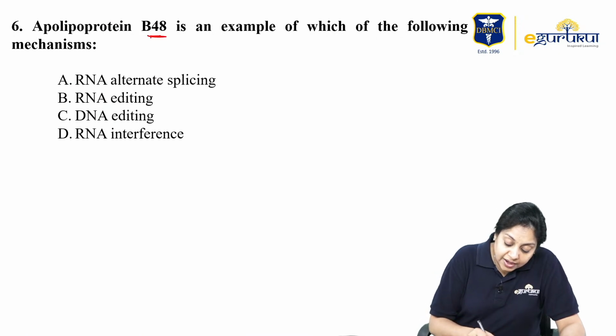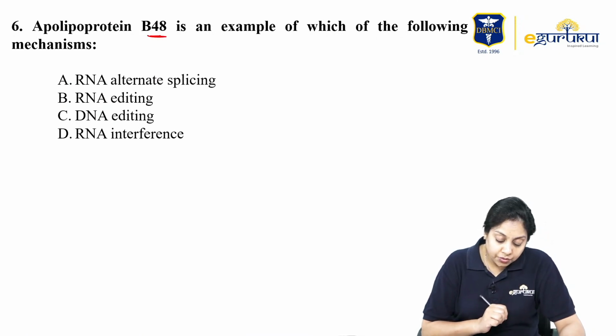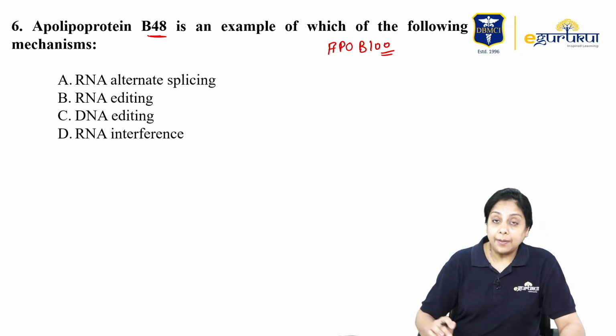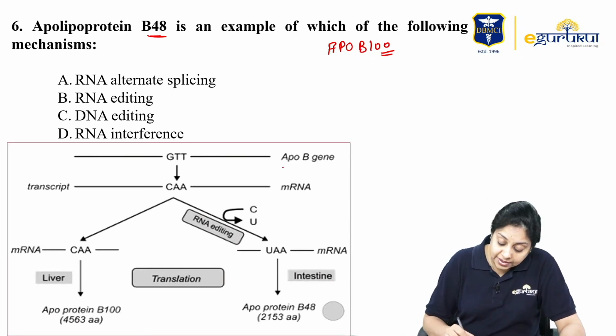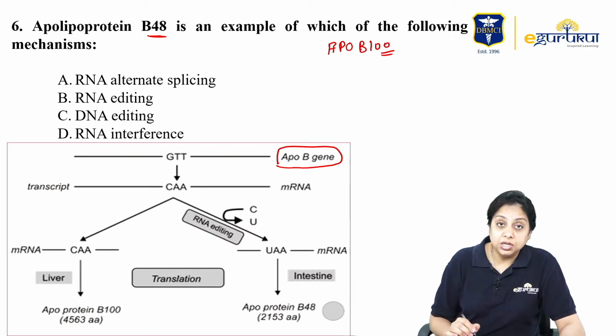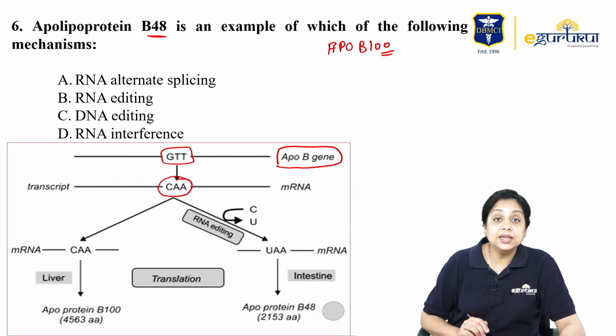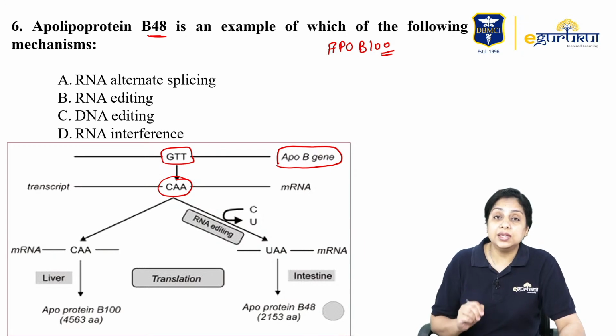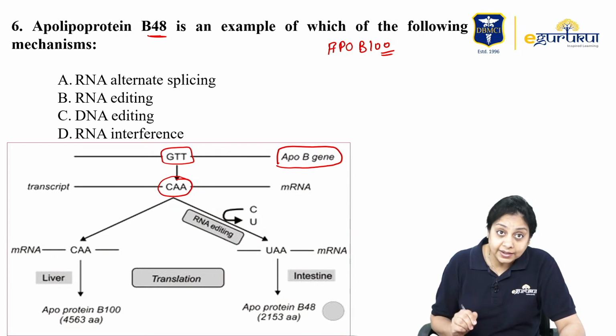Apolipoprotein B48 is an example of which of the following mechanisms? Originally, we know there is ApoB-100. That is made by the ApoB gene. CAA, when we are going to do the transcription, we will get the CAA. But there is this mechanism, what mechanism? Kind of an editing.